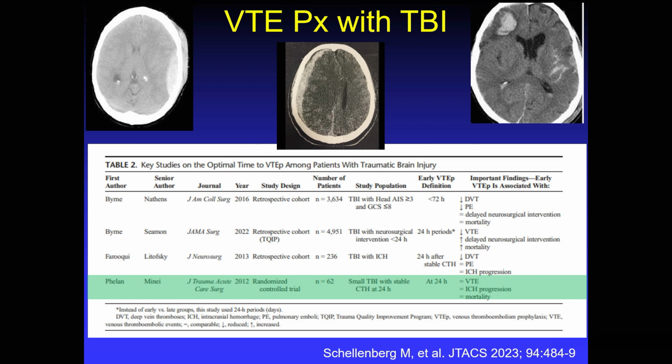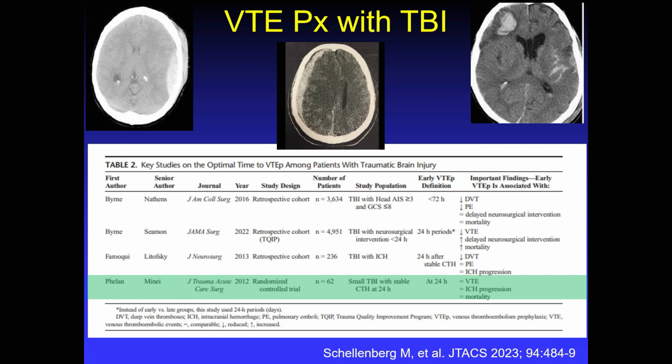The data on timing and initiation of VTE chemical prophylaxis in the traumatic brain injury setting is unfortunately limited in nature. The only quality prospective experience currently is the delayed versus early enoxaparin prophylaxis 1 or DEEP 1 trial, which was a small multi-center Western Trauma Association study with 62 patients studied on the Parkland protocol.